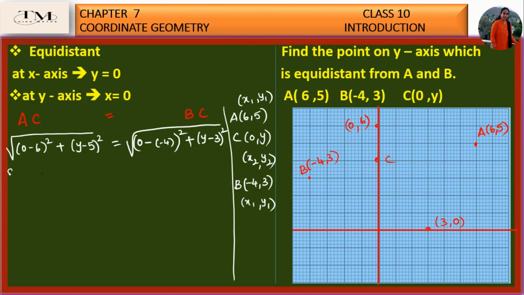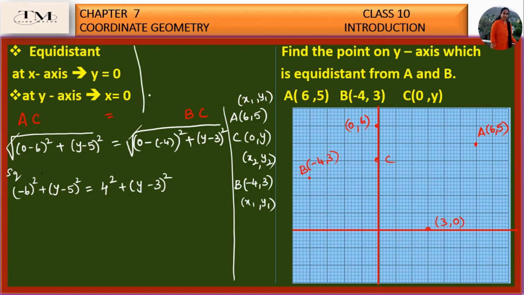If you square both sides, the square roots will get cancelled. The remaining terms will be: 0 minus 6 is minus 6 whole square plus (y minus 5) the whole square equal to 0 minus minus 4, minus into minus is plus, so 4 square plus (y minus 3) whole square.